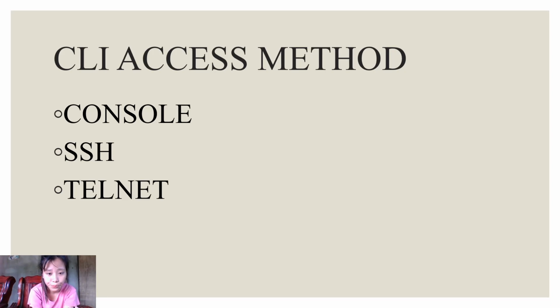A GUI uses a mouse to make selections and run programs, while the CLI enables users to enter text-based commands and view output on a monitor. So I'm going to proceed again to the CLI access methods: the console, SSH, and Telnet.